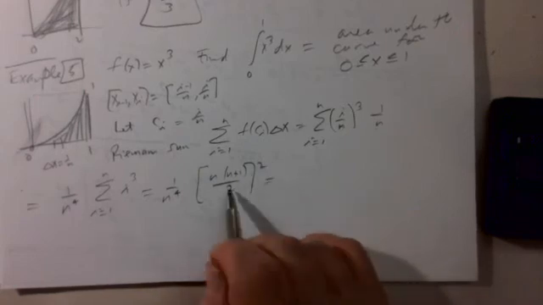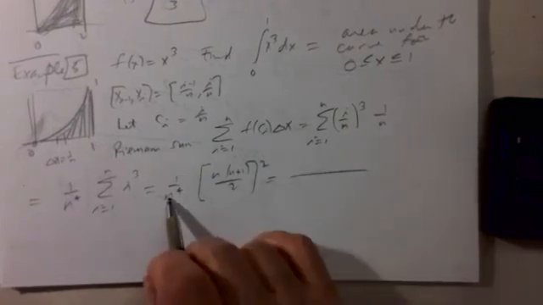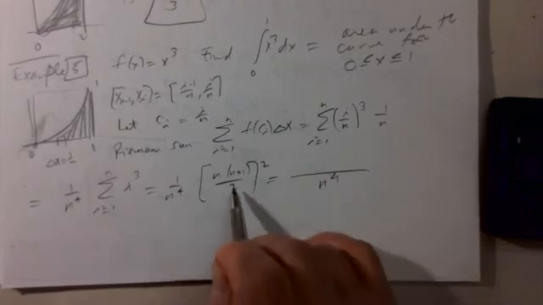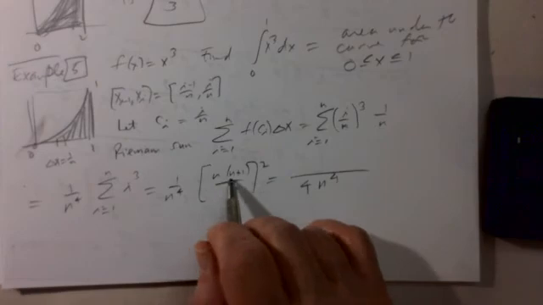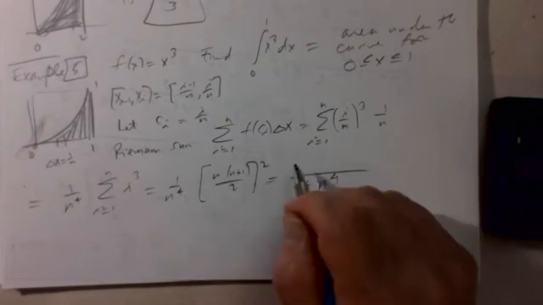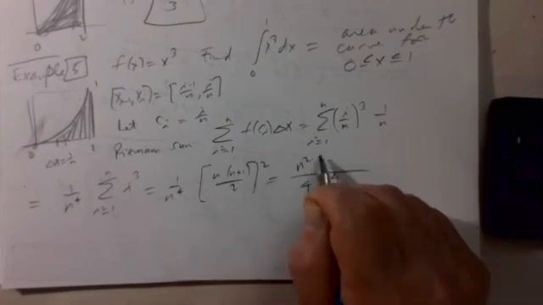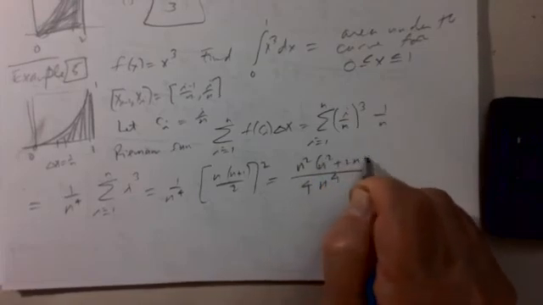So what we get is, in the denominator, I have n to the 4th, and 2 squared is 4, and n times (n plus 1) squared is n squared times (n squared plus 2n plus 1).